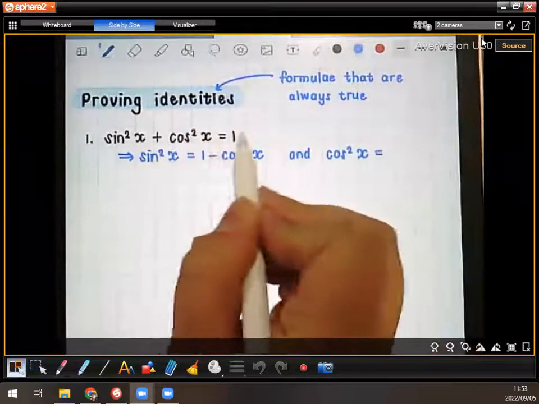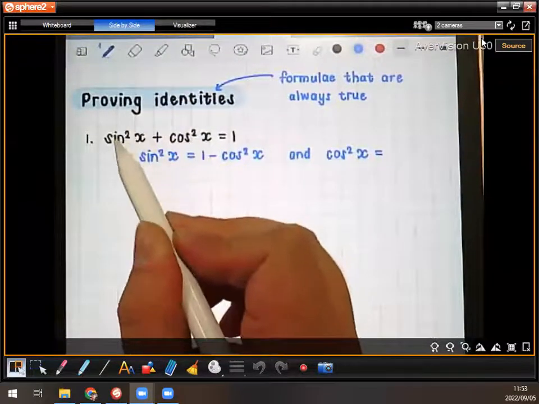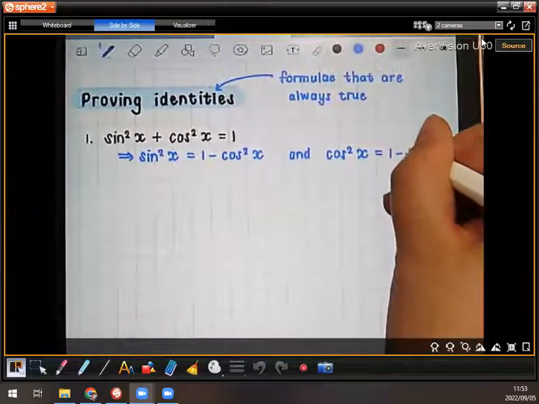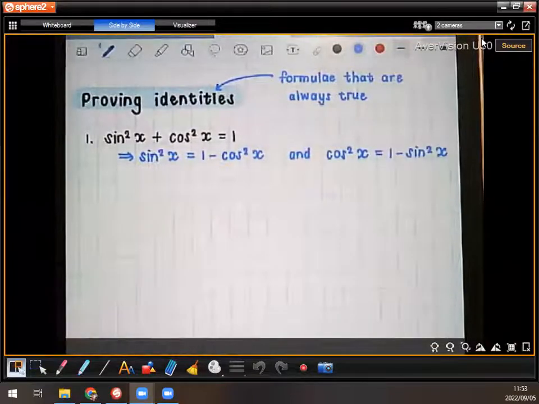So I'm working from this formula, right? If I want to make cos squared x a subject, I need to move this sine squared x over. It's going to become minus. So I'll have 1 minus sine squared x. So again, sometimes in an identity, the questions that will come later, it might be useful that if you have a cos squared x there, to change it to 1 minus sine squared.